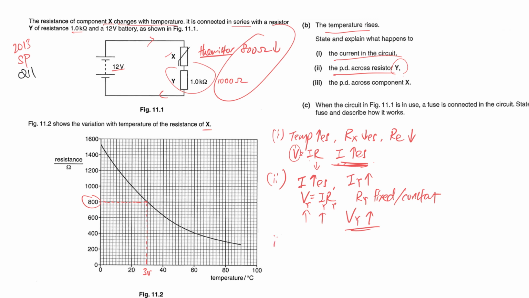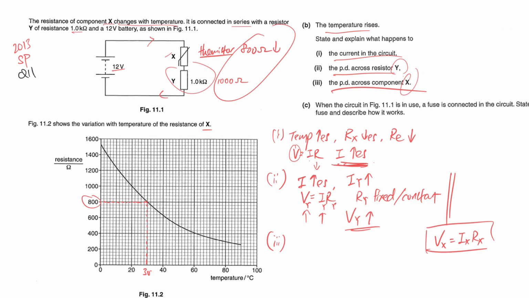Now for part 3, they ask you the potential difference across X. This is where I need to bring your attention. If you were to think that using the same logic as part 2, Vx equals the current of X times the resistance of X, you'll find that you can't really explain.